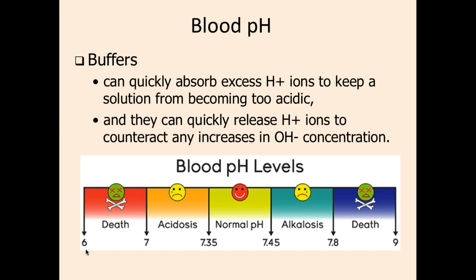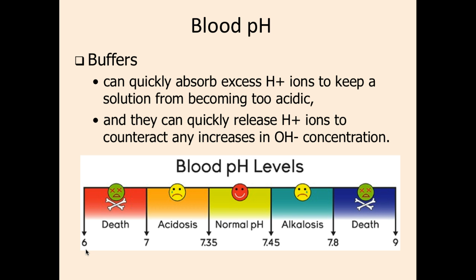And blood pH. pH is one of the factors that is important for homeostasis, that our bodies have to maintain within a small, very narrow range for us to be healthy. If our blood pH is normal, which is slightly basic, 7.35 to 7.45, then we're happy and healthy.